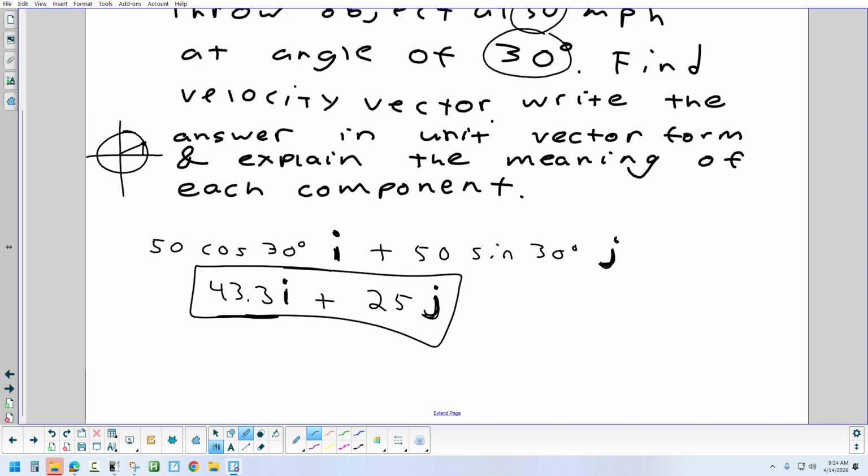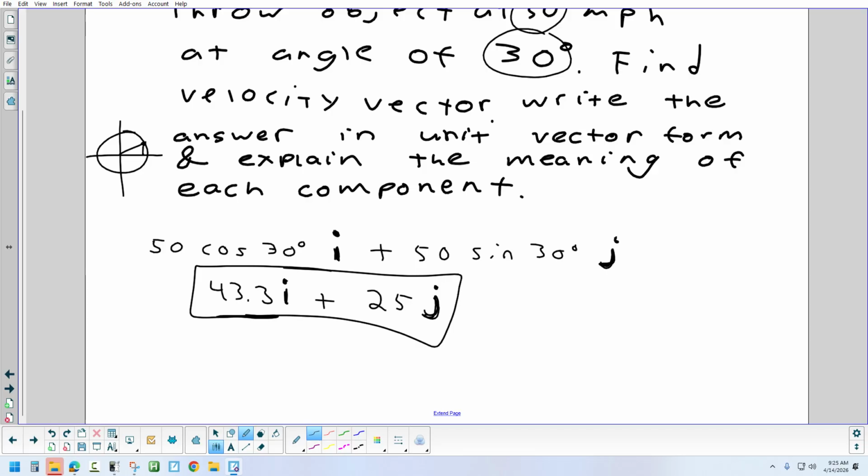So you're saying it's going to travel 43 feet and then stop? Maybe the initial. How far would it initially go? So the 43.3 is not a measure of distance. When you find components of a velocity vector, those numbers don't directly represent a distance.